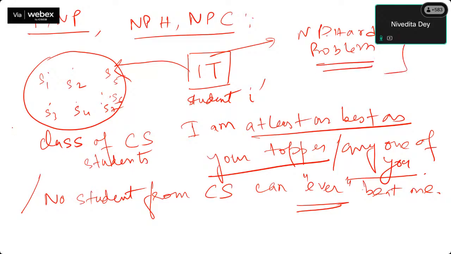What do I mean mathematically? Remember the story of the CS and IT. Mathematically, it means for all problems P such that P belongs to NP.